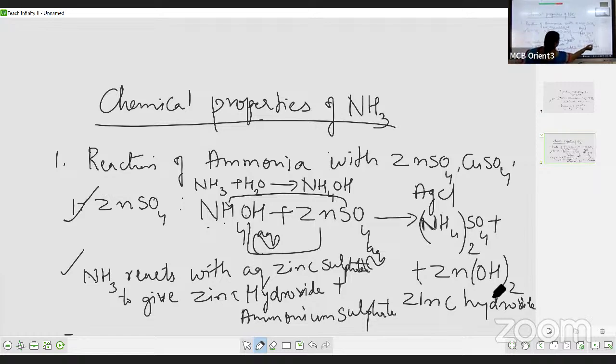Balance this here: 2 moles of OH are there, so 2 moles of ammonia, 1 sulfate ion, 1 zinc.